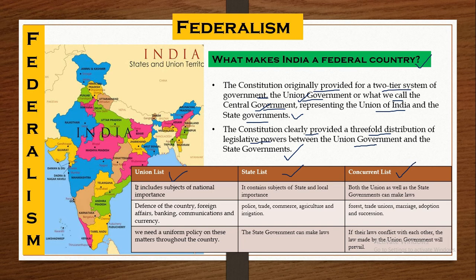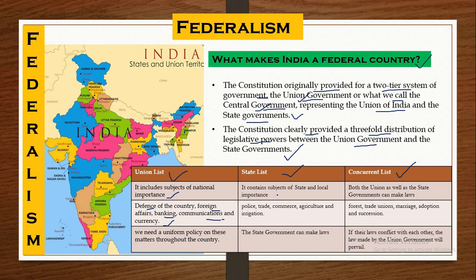The subjects which are of national importance come under the union list, such as defense, foreign affairs, the banking system, communication and currency. These are of national importance and there should be a uniform policy across the country. That's why these are brought under the union list.